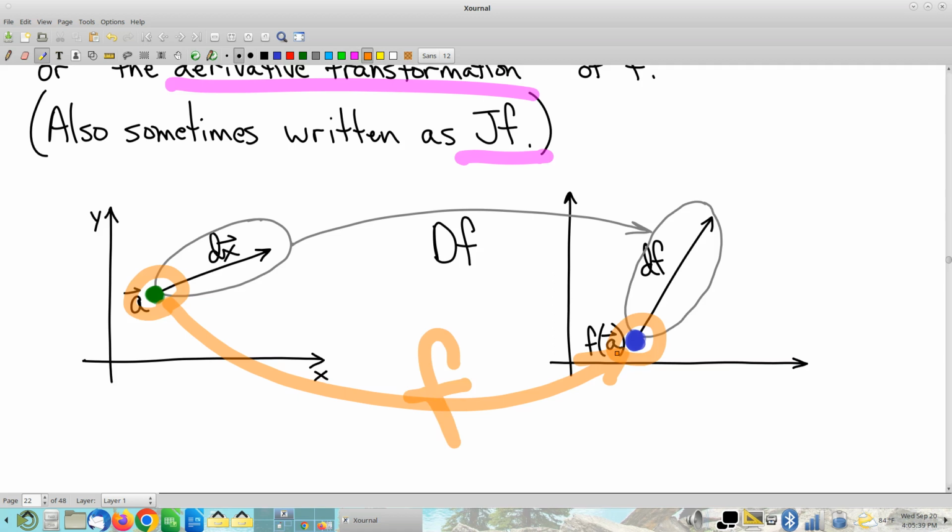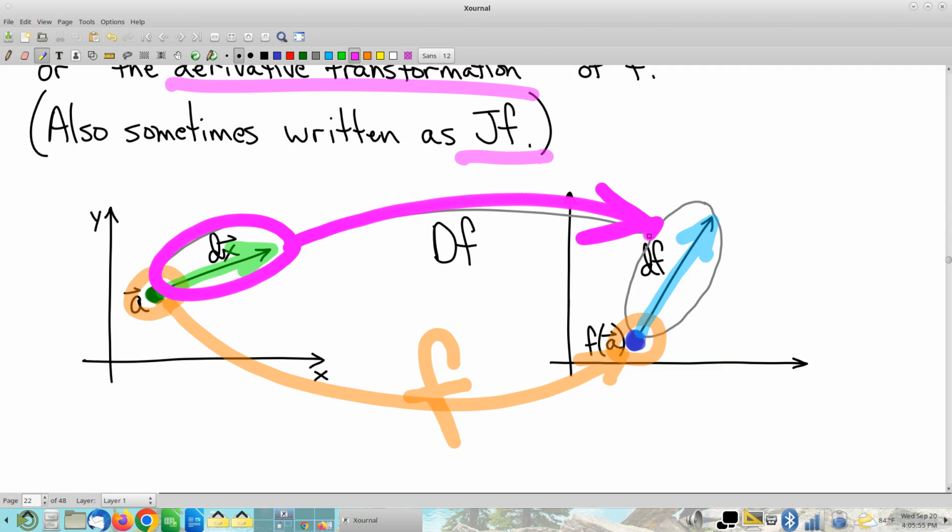A derivative takes not input points, but input changes and turns them into output changes. Linear estimates, of course, right? So derivatives take vectors and turn them into vectors. So this is a nice way to think about it, I think: a function is point to point, a derivative is vector to vector.